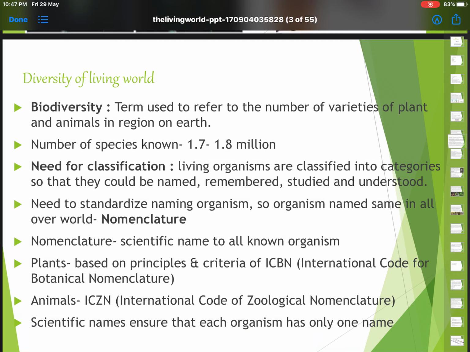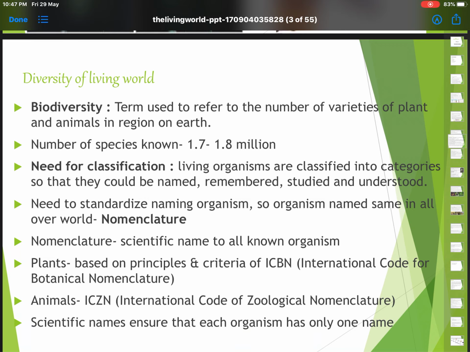Plant names are based on the principles and criteria of ICBN, the International Code for Botanical Nomenclature, and this guides the nomenclature for plants. The International Code of Zoological Nomenclature helps in naming, identification, and standardization of animals.